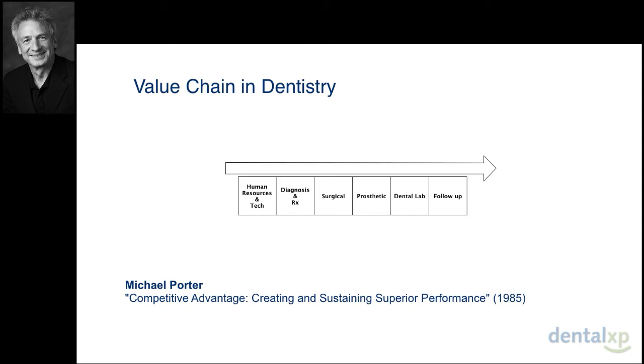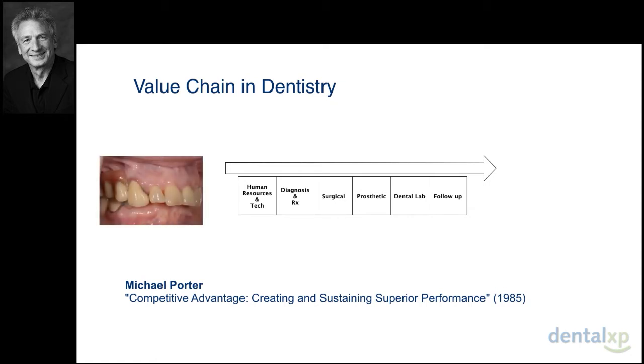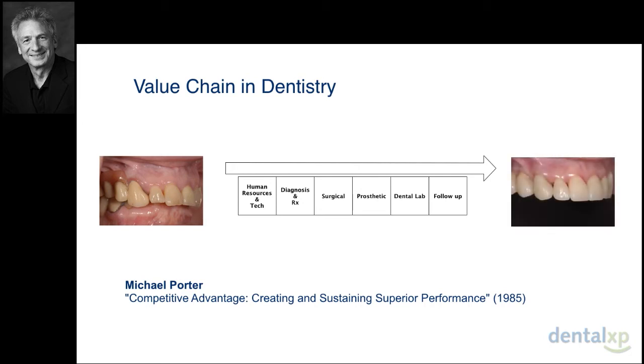Basically, from the time that a patient comes to your office, and this goes for any type of business, from the time the patient presents, there's a chain of events that occur: they see your front desk, you do diagnosis and treatment plan, you execute surgery, prosthetics, dental lab interaction, and follow up with this patient before they have some end result.